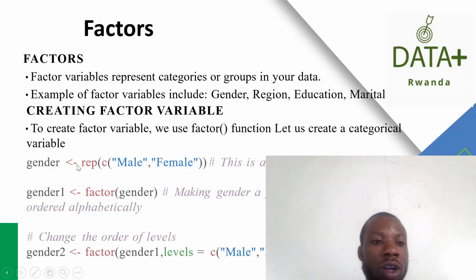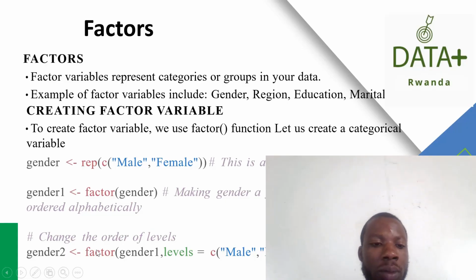So we first have to have the categorical variable. Here we create a categorical variable called gender, where we use rep, replicating male and female. This is replicated 4 times, and then we generate gender number 1, which is also a factor. We are making gender a factor variable. Levels are ordered alphabetically from 1 up to 2.